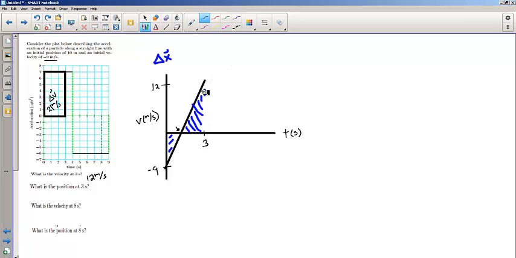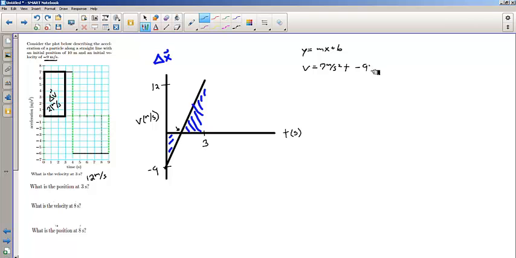We need to set up an equation for this line. You can think about the equation for a line in terms of y equals mx plus b. So the equation of this line is going to be v equals 7 meters per second squared times t, minus 9 meters per second. How do I know that? Because the slope of this line is the acceleration.